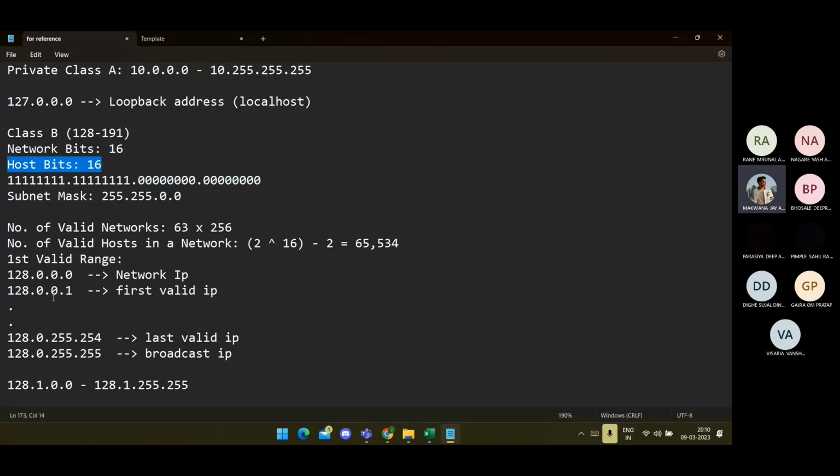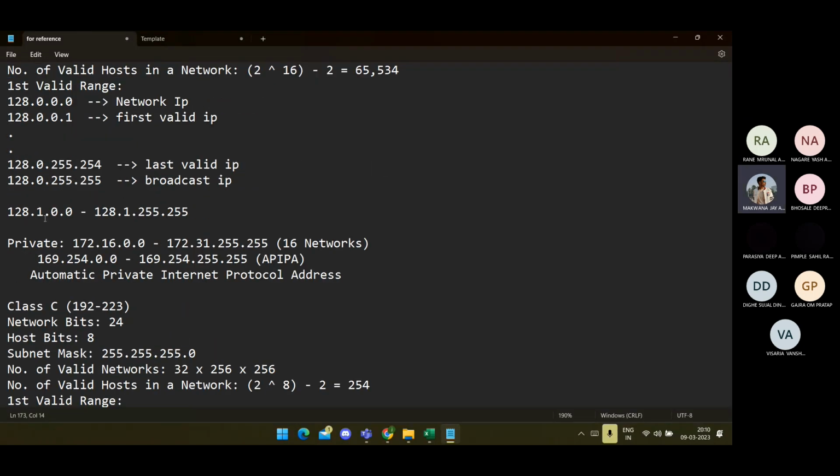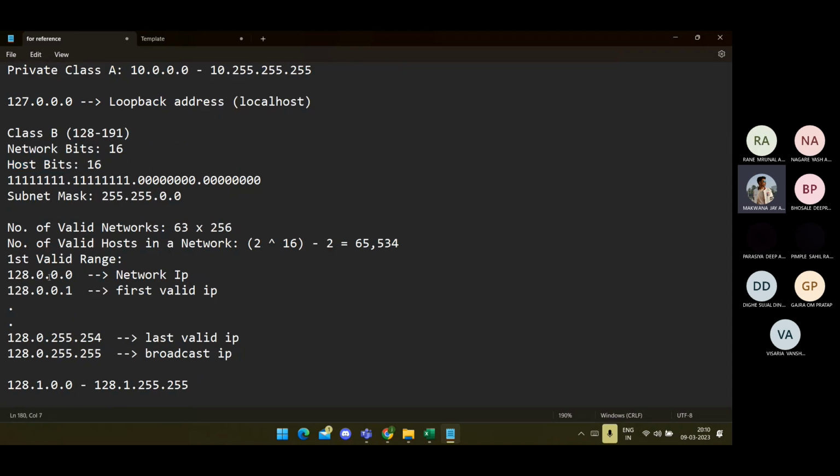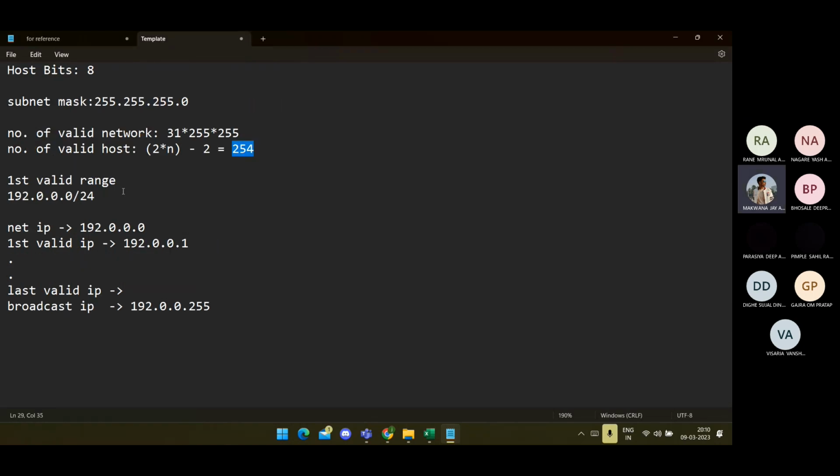In this range, the IP starts from 0.0 and ends at 255.255. We are not changing these 2 because they are network bits. In class C, we are doing the same. We can only change the last octet. So our network is starting with .1 to .255.